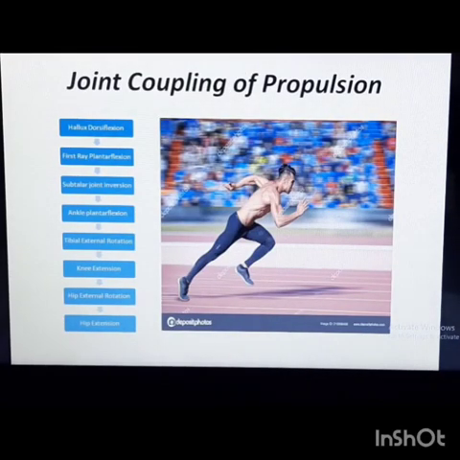Now, this is the thing we need to understand, basically the biomechanics of running. We have found that it's not only the ankle joint that influences the mechanism of running.